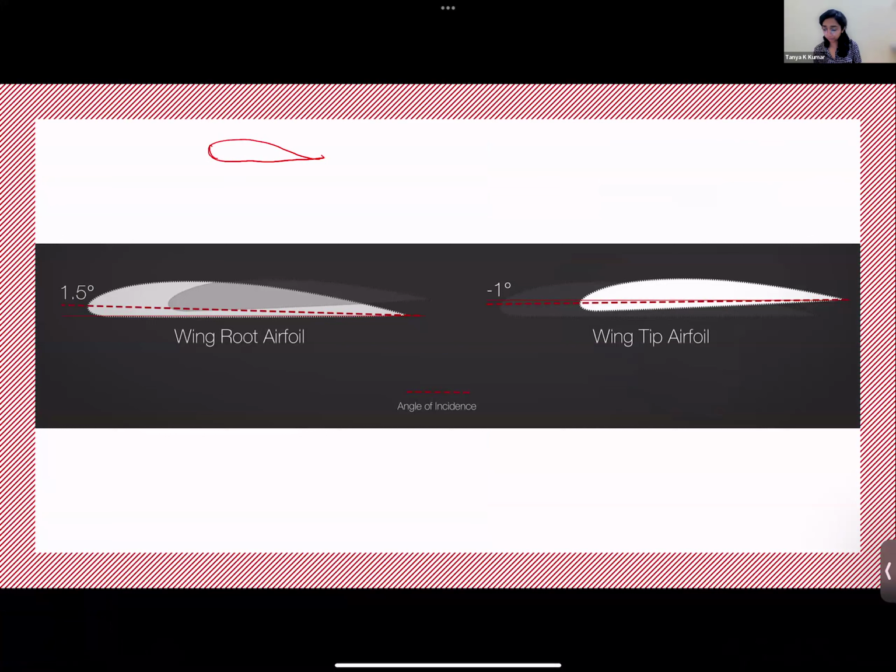But the wing tip will be at a negative angle, so towards the tip it has a twist. So even when the wing root experiences alpha stall, the wing tip will not have an angle of attack greater than alpha stall. Okay, let's go to the next question.